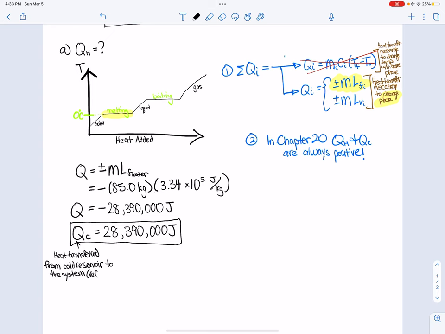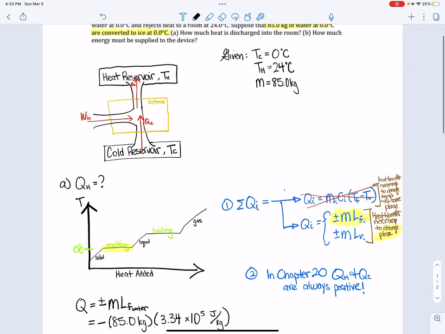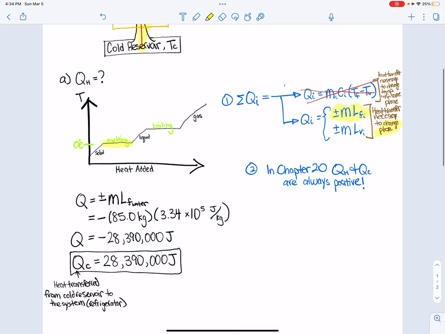In this case, that's a refrigerator. And to make it clear, in this energy transfer diagram, I'm talking about this. That's the value for QC, 28,390,000 joules.